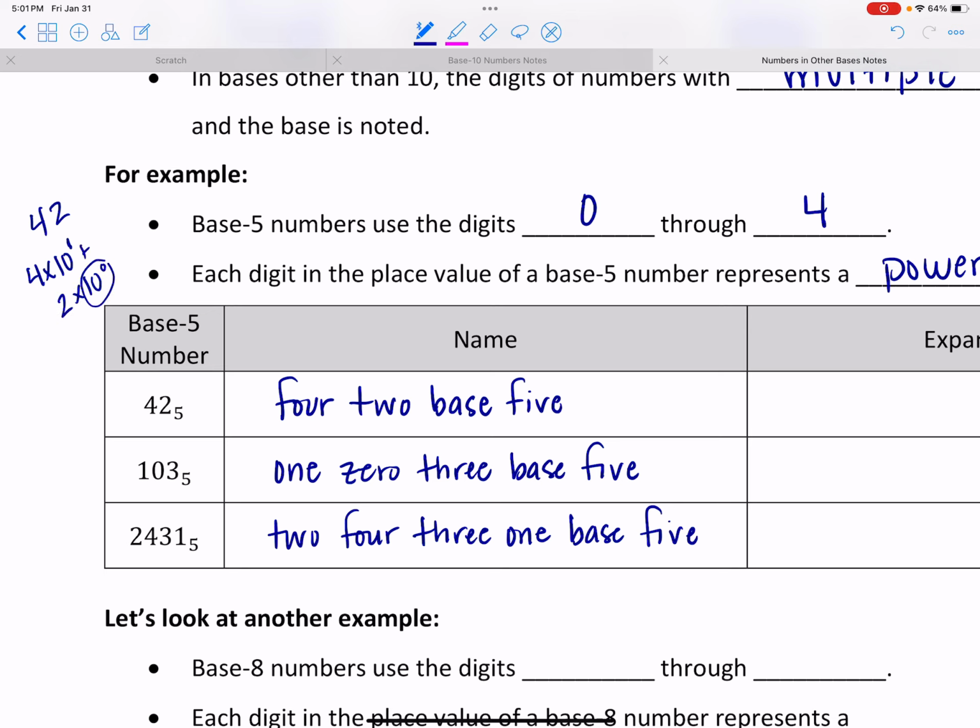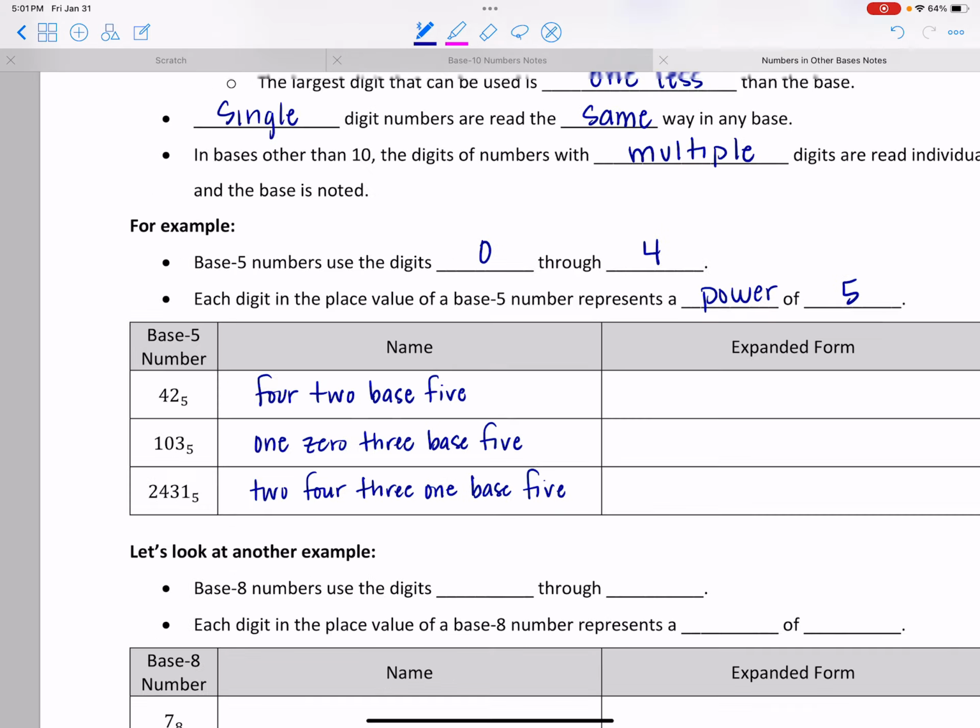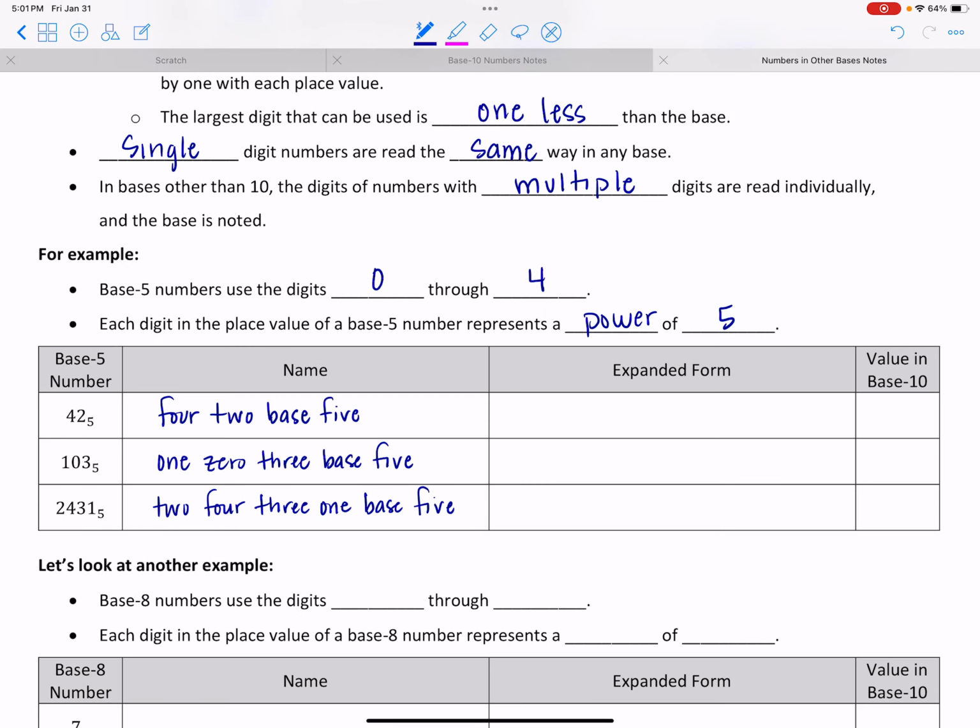So this would be the ones place, this would be the tens place, right? Same concept now, but now when we're in base 5, this 4, 2 base 5 represents 4 times a power of 5, plus 2 times a power of 5. The powers will start at 0 and then just increase by 1.